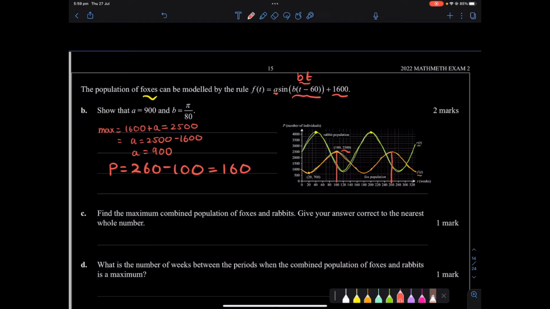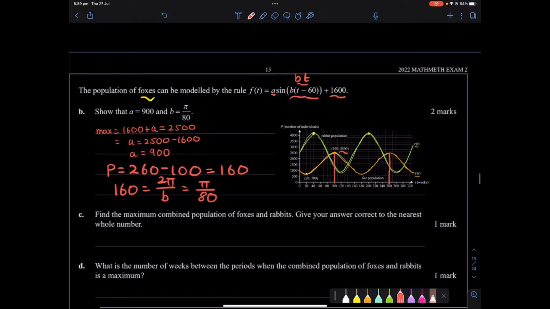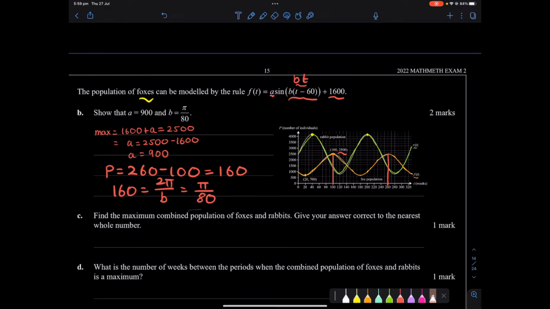And normally the formula is 160 equals 2 pi over b, so b is pi on 80.